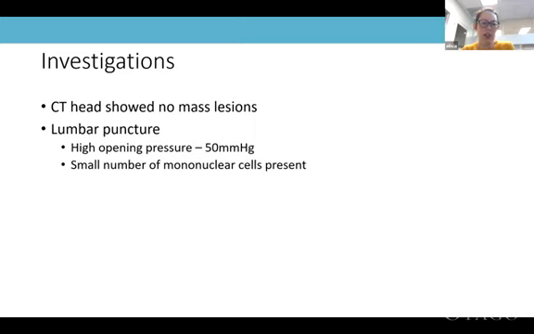The cell count showed a small number of mononuclear cells, so more than is normal, but not heaps. So, between 10 and 100 or so. And he had a mildly elevated protein. So can anyone make a suggestion of a fungal infection you might have, or anything else you think might be going on?